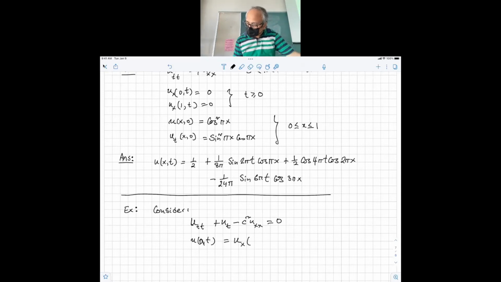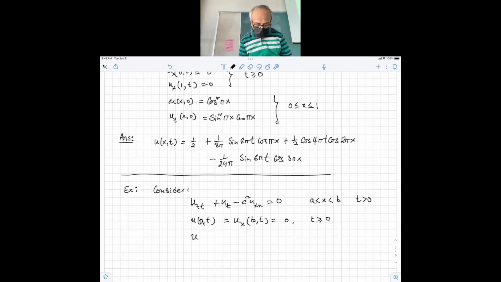I can just define the domain here. Okay, at b, t equals also 0.